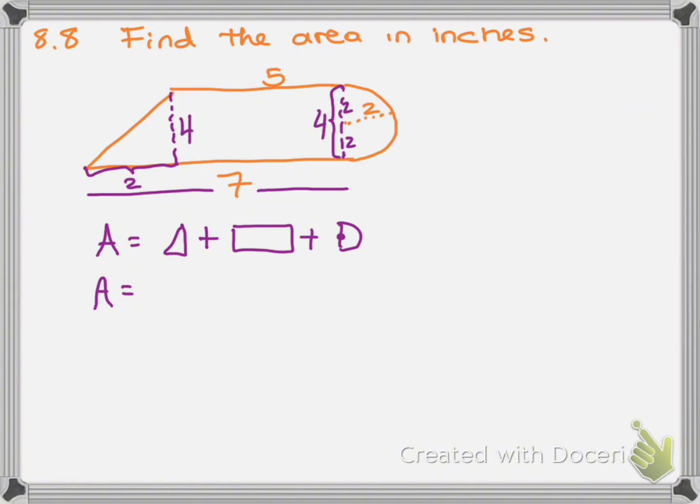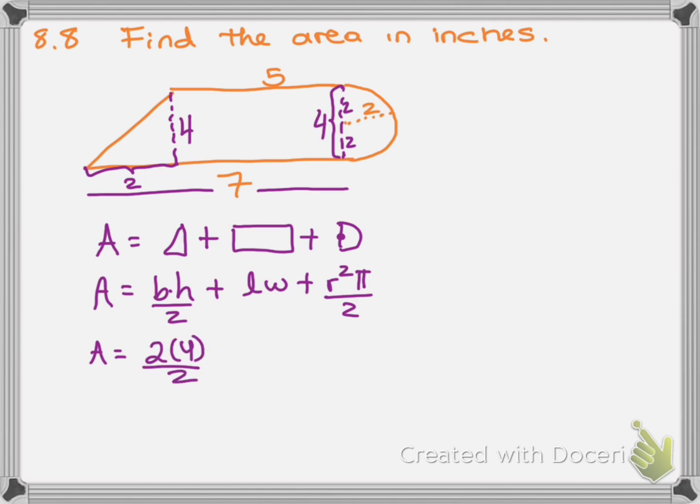So now we put in our formulas. We have base times height divided by 2. We have length times width, and we have r squared pi divided by 2. Now we just have to substitute the given values and find the answer. It's going to be 2 by 4 divided by 2. Then this other one is going to be 5 by 4.